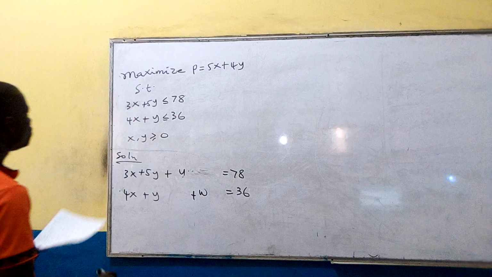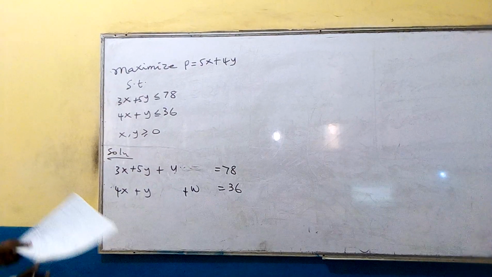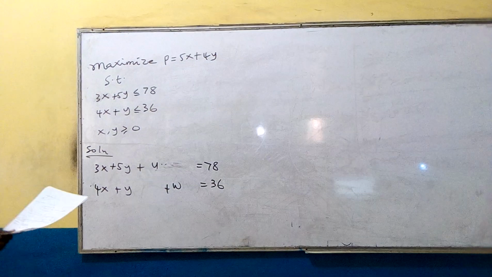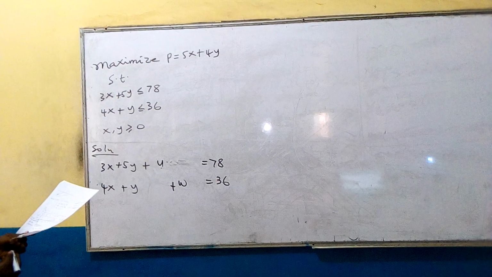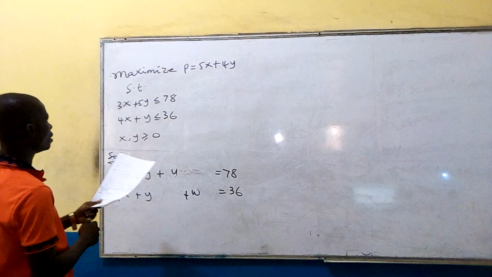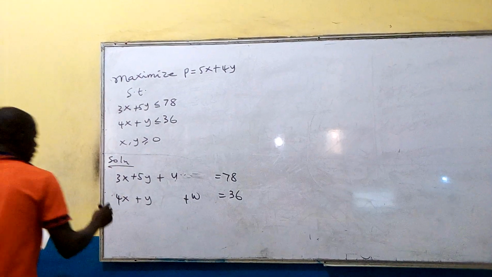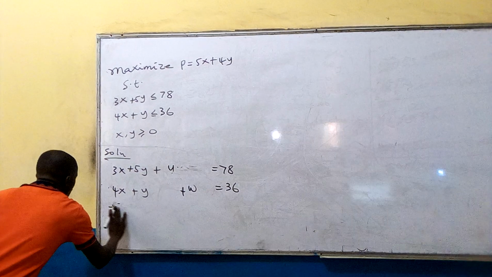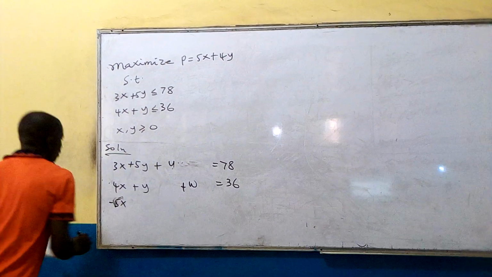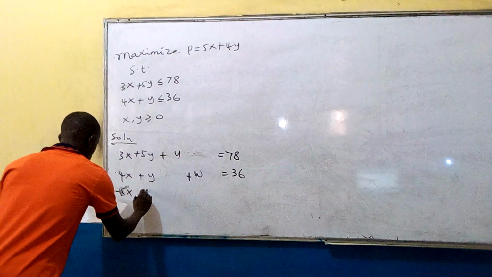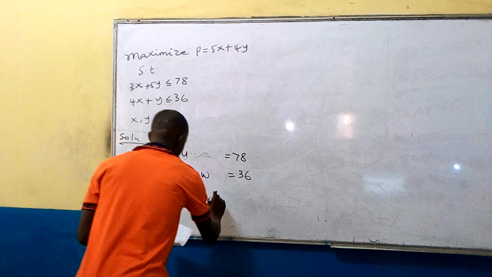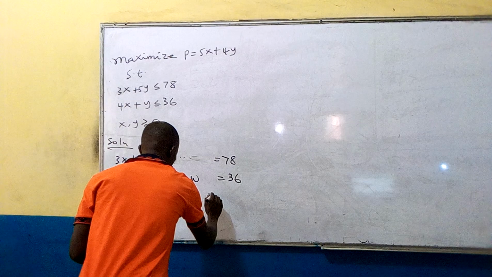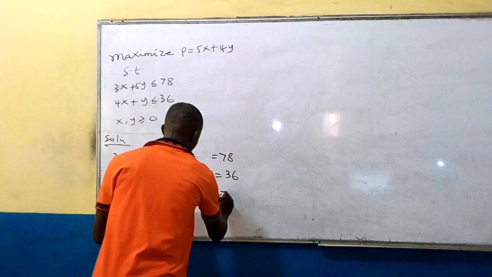Then with the objective function, what we do is push everything to one side and equate to 0. So we can have negative 5x minus 4y plus p equal to 0.